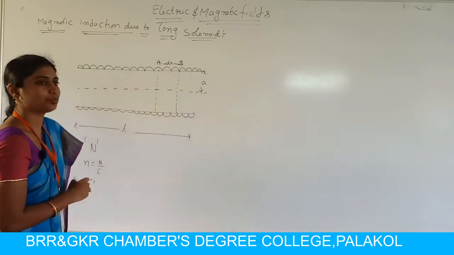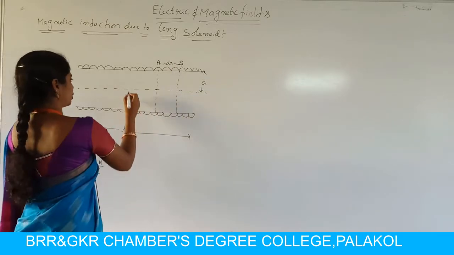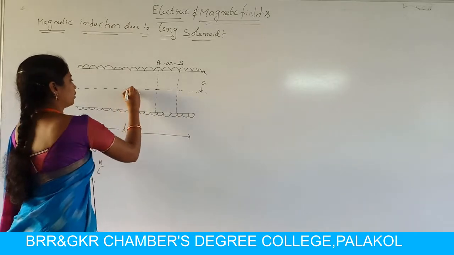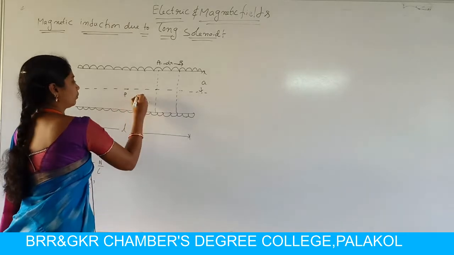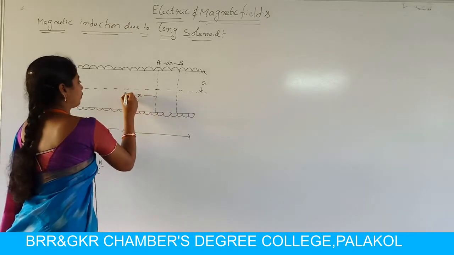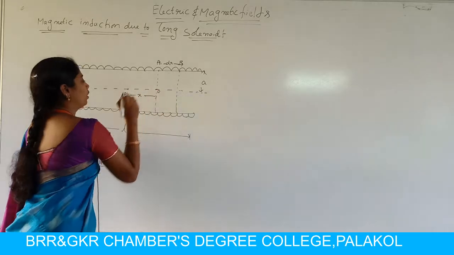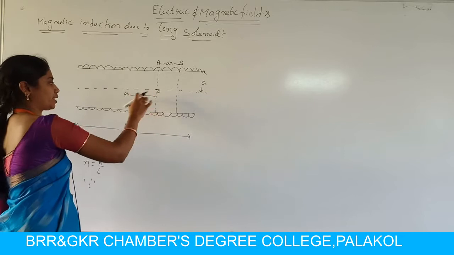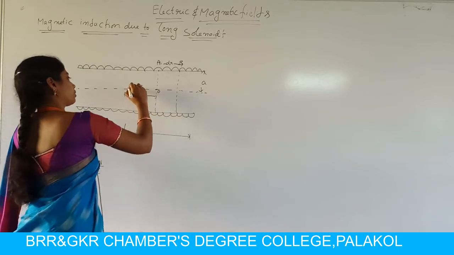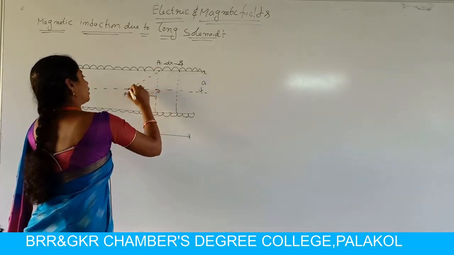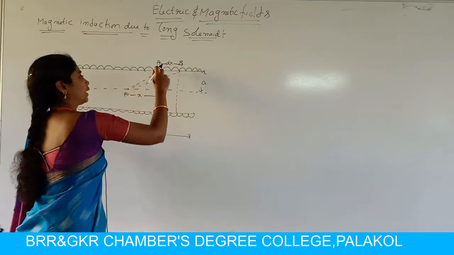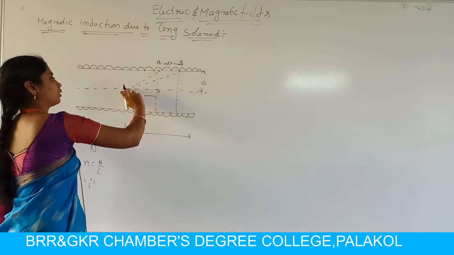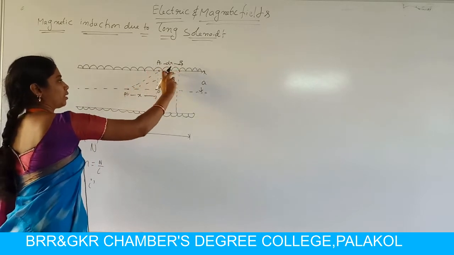We consider a point P for calculating the magnetic field induction inside the solenoid on the axis, at a distance x from the center of the solenoid. We consider this center as O. We also join the two ends of the small part to this point P.